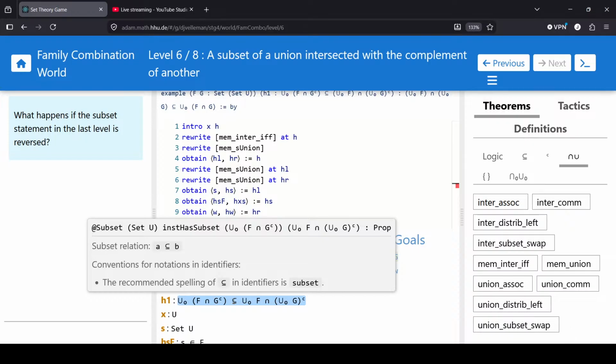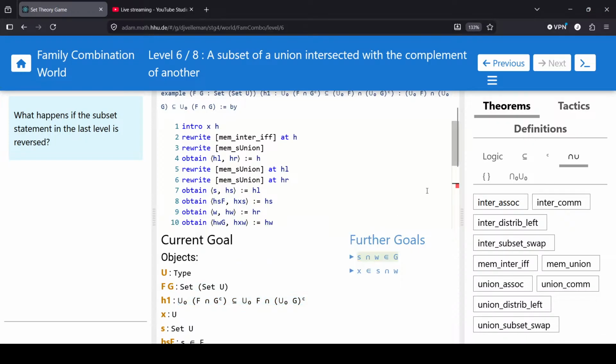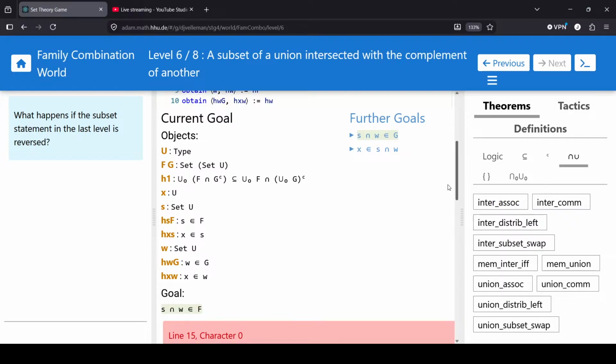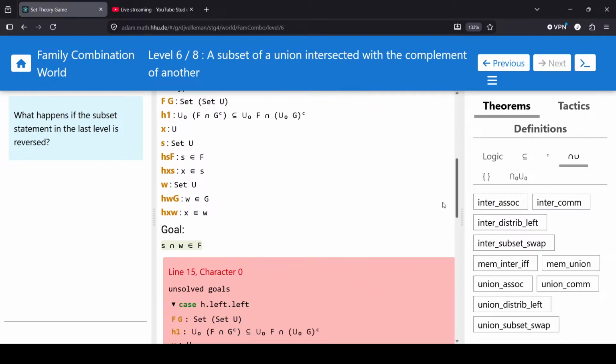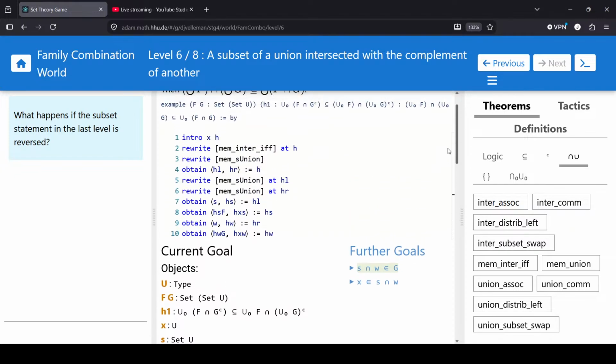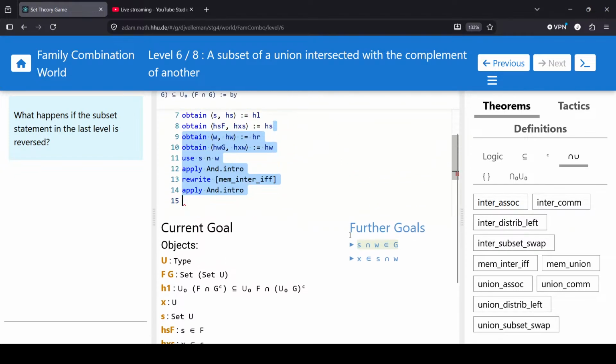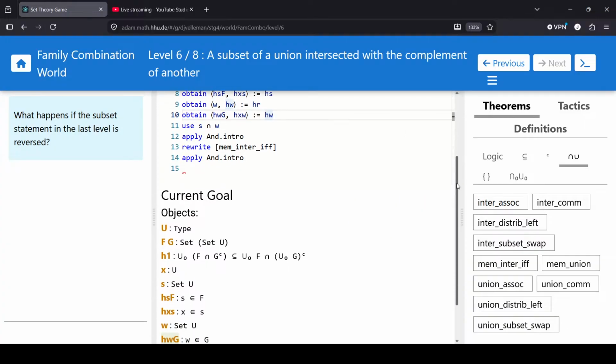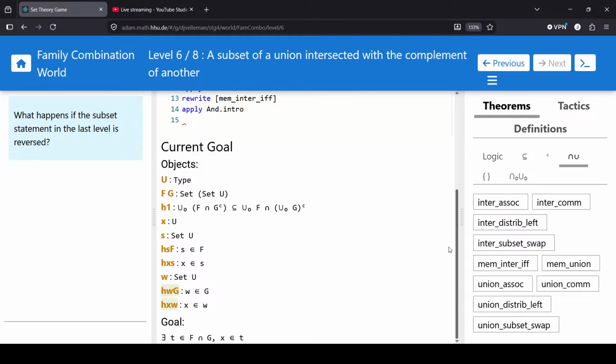Okay. That's interesting. I probably should have thought about that before I got this deep in. Because, yeah, I don't know if I can do anything with this as it is.